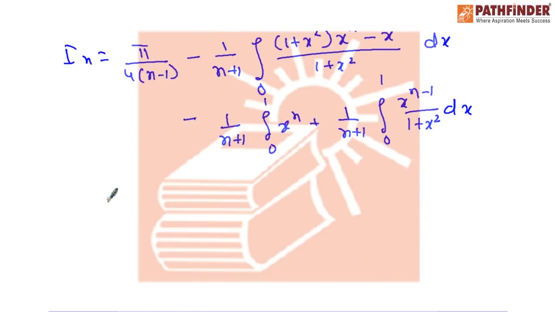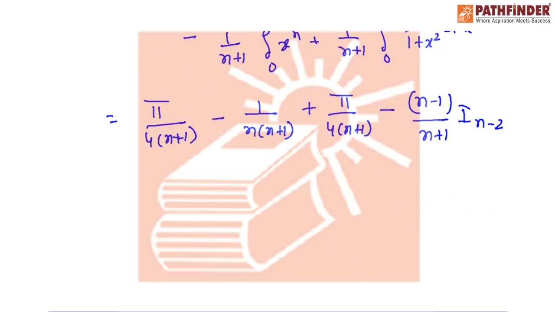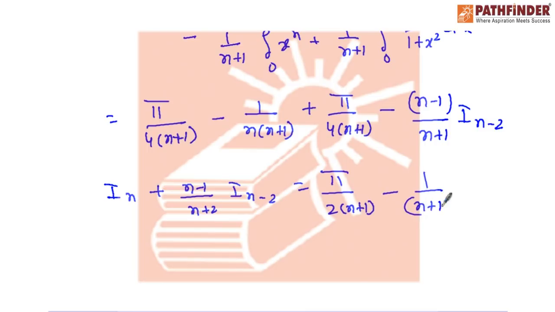On solving it, finally we will get pi by 4(n plus 1) minus 1 by (n plus 1) plus pi by 4(n plus 1) minus (n minus 1) by (n plus 1) I_(n minus 2), or we can write I_n plus (n minus 1) by (n plus 1) I_(n minus 2) is equal to pi by 2(n plus 1) minus 1 by (n plus 1) into n.